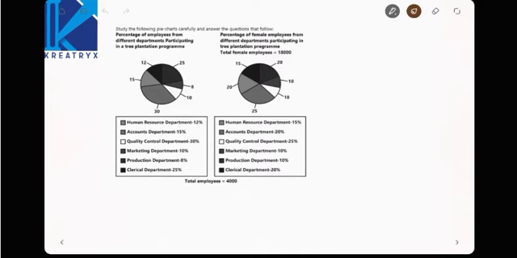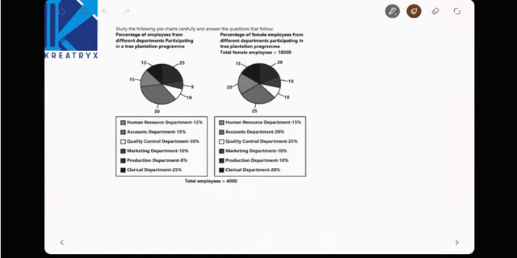Next question takes more calculations. Okay, just concentrate on the question. Now study the following pie chart. There you are given 2 pie charts and answer the questions that follow. Percentage of employees from different departments participating in a tree plantation program, it seems.